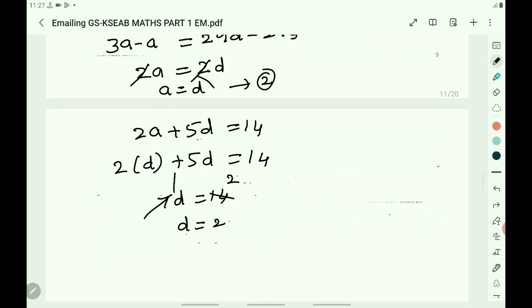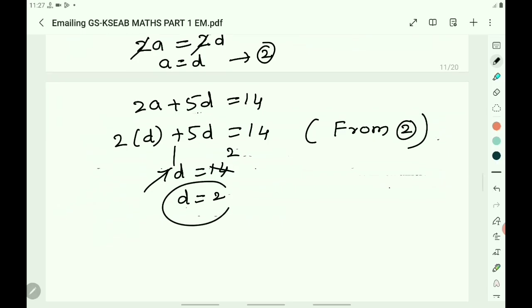Then again a equals d, which we have taken from the second relation. So a equals d means a is also 2. a equals d equals 2.